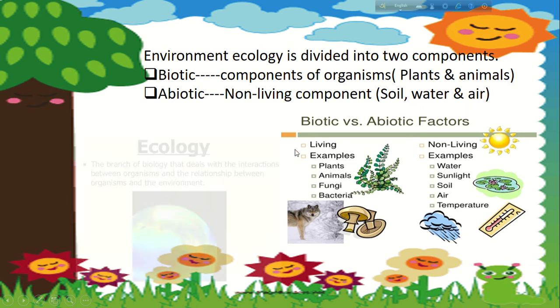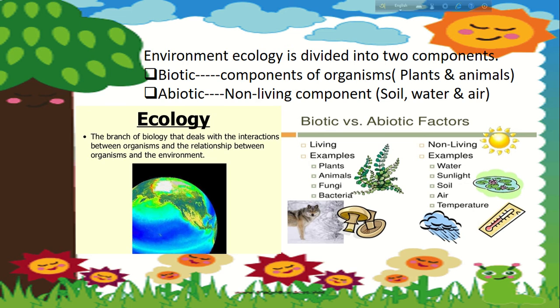Now come to the point, what is ecology? The branch of biology that deals with the interactions between organisms and the relationship between organisms and the environment is called ecology. Now come to the point, biotic versus abiotic factors. Biotic components include plants, animals, fungi and bacteria.